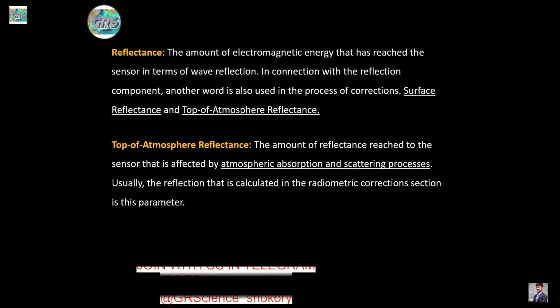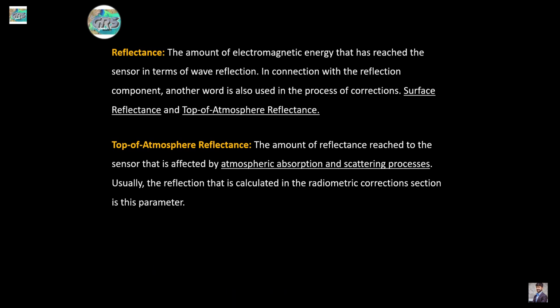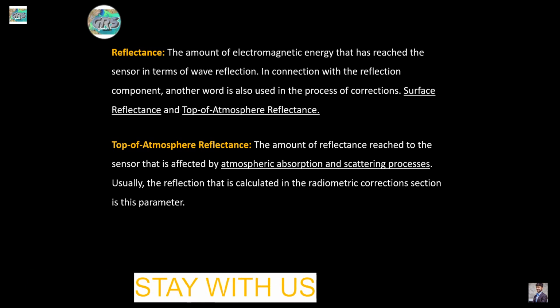Usually the reflection calculated in the radiometric correction section is this parameter. If you run the radiometric corrections, you have an image called top of atmosphere reflectance.